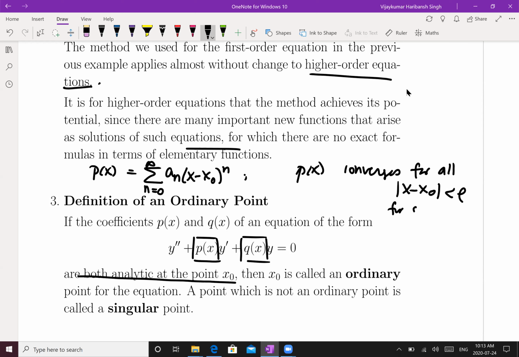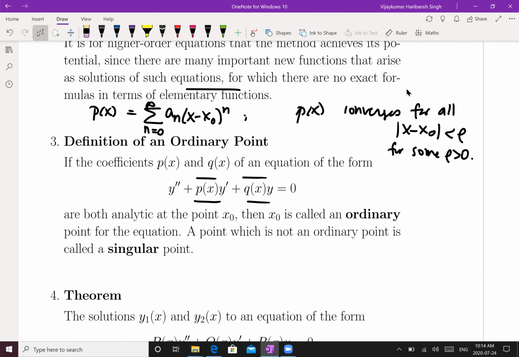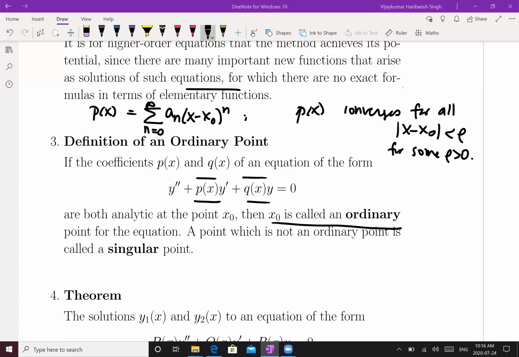So a point being ordinary means that the following is satisfied. Similarly, q of x also comes with its own power series, and q of x and p of x both converge for all x minus x naught less than some rho greater than 0.